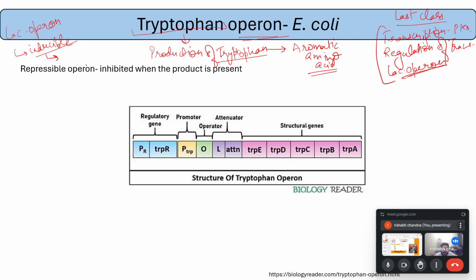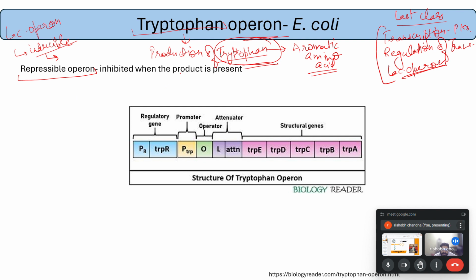Here, the operon will be expressed as long as the metabolite is not present at a particular concentration, but it will repress the operon if the tryptophan concentration is up to the mark in the system. So this type of operon is called a repressible operon.